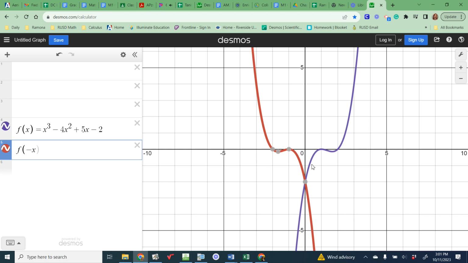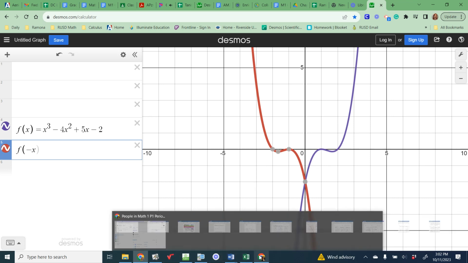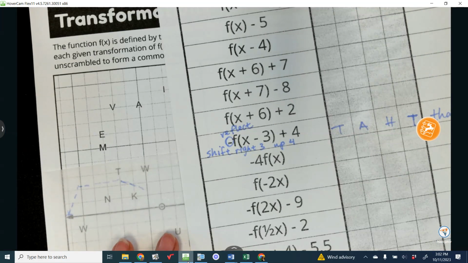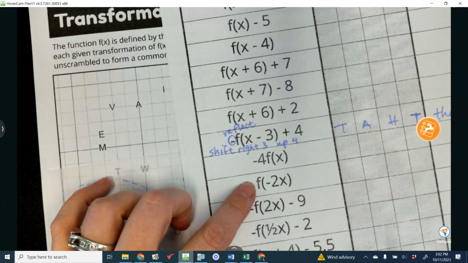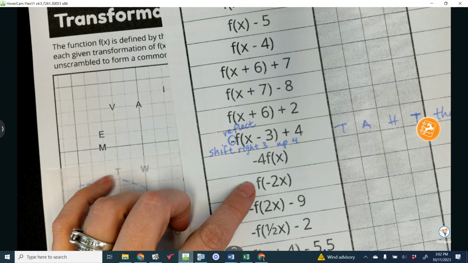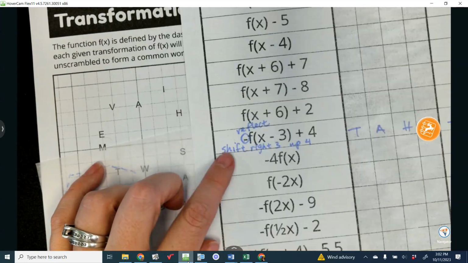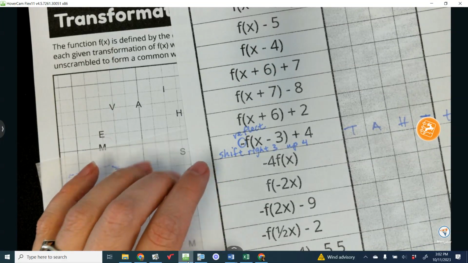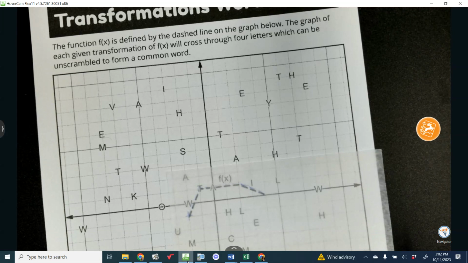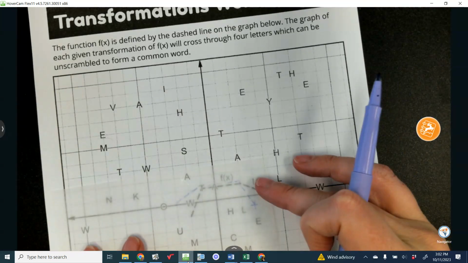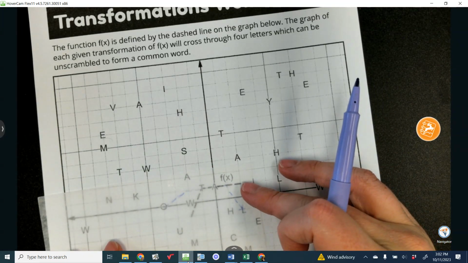This is the only one that does that flip. All the rest of them, oh, that's a negative on the inside. Way down here at the bottom. So the negative on the inside means that we flipped it across the x-axis. So I would flip this like so.